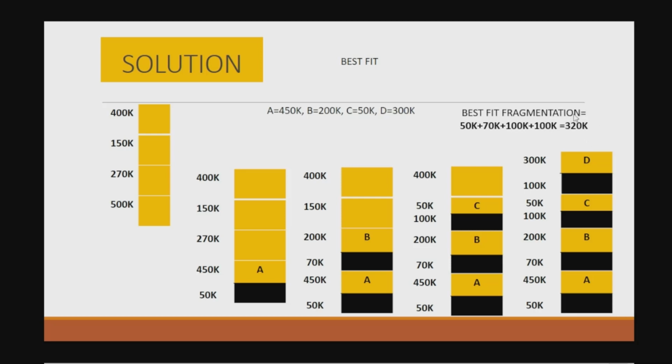So this is the total fragmentation that we get when we use the best fit algorithm.